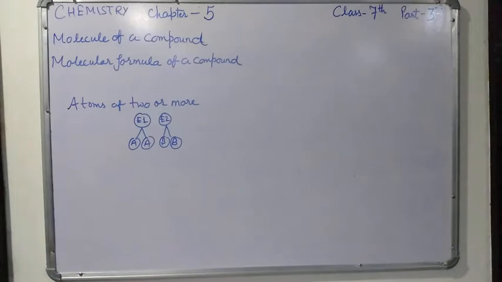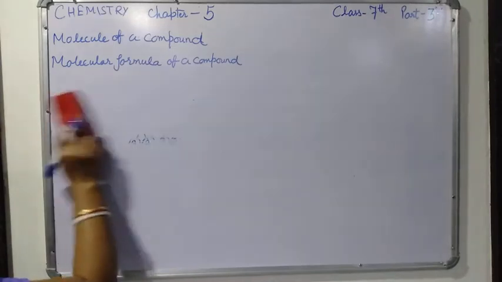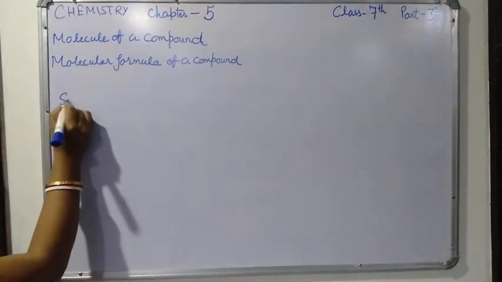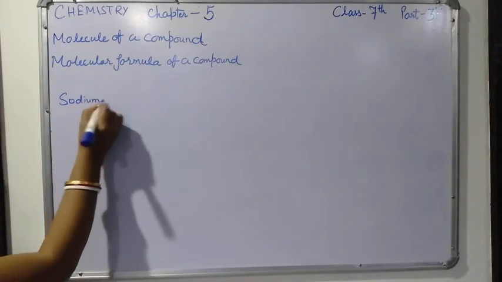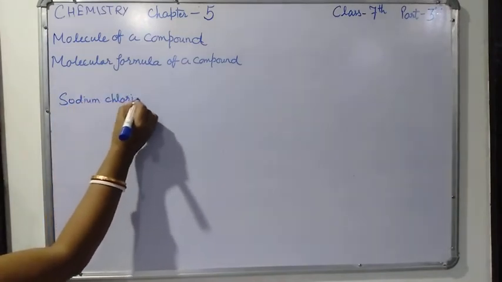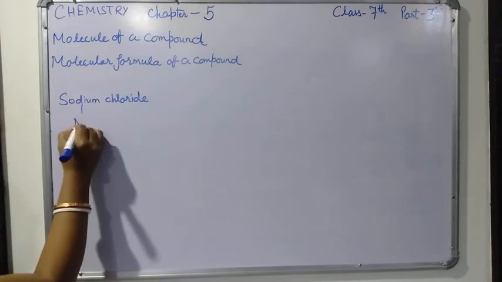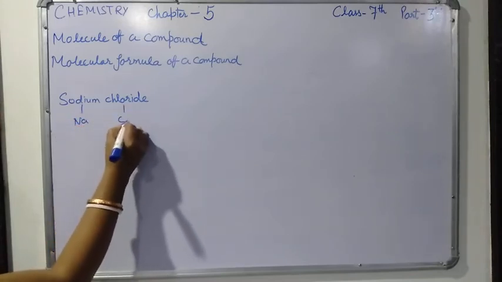For example, sodium chloride is a compound. In this, atom of sodium is present and atom of chlorine is present.